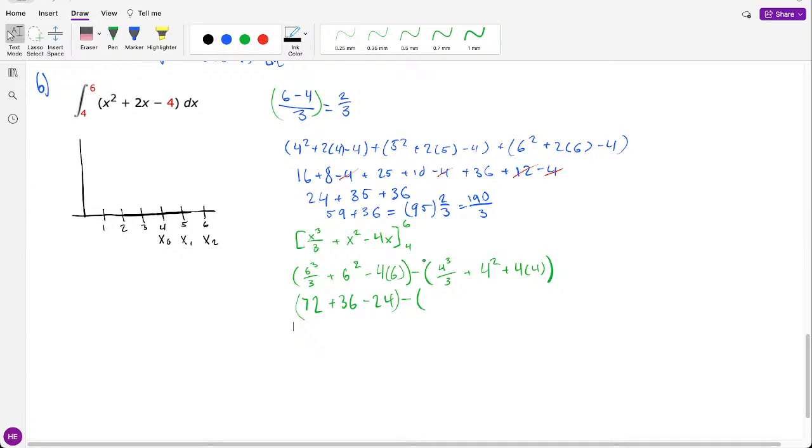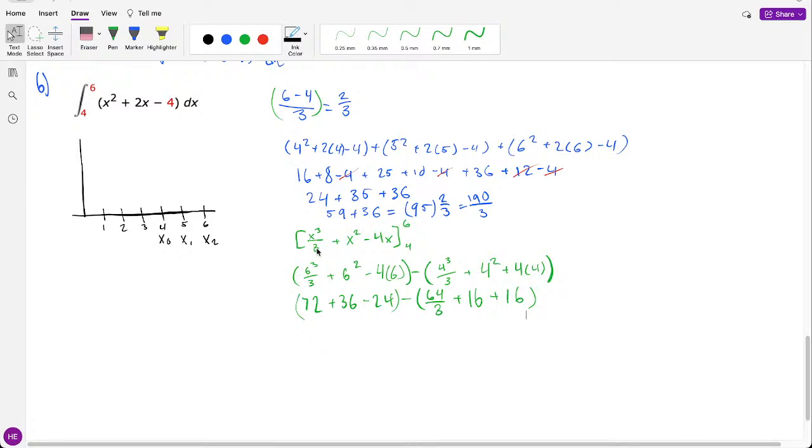I don't think that's divided by 3. No. So that'd be 64 over 3 plus 16 plus 16. So let's combine all of this.